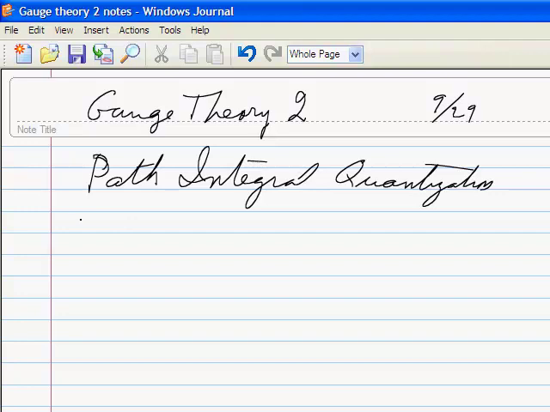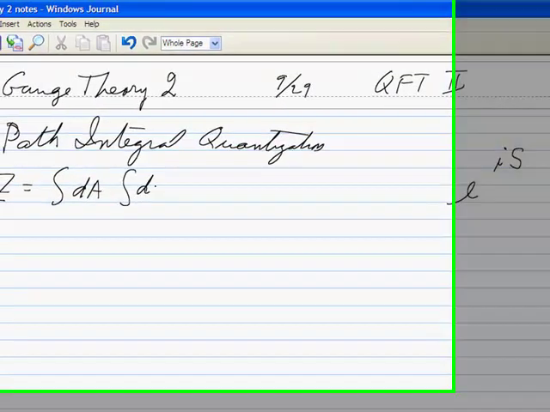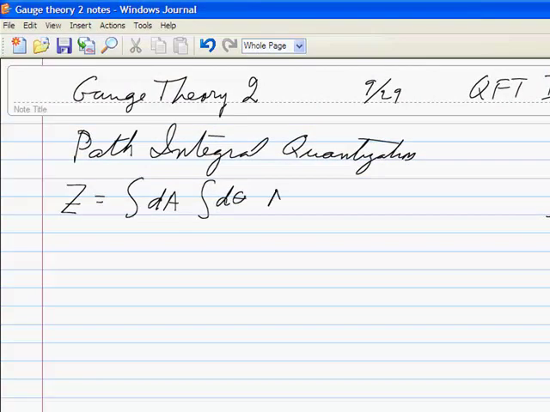Z was the integral dA, e to the i action, and we wanted to insert 1 in the form of some delta function constraint that constrains the path integral.